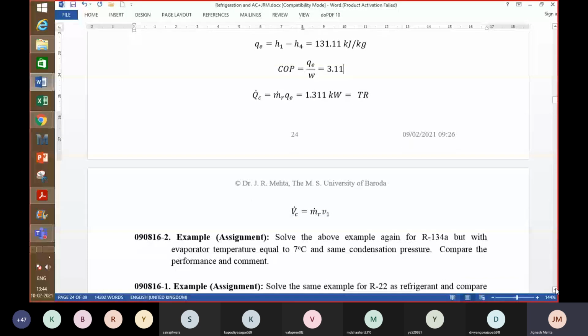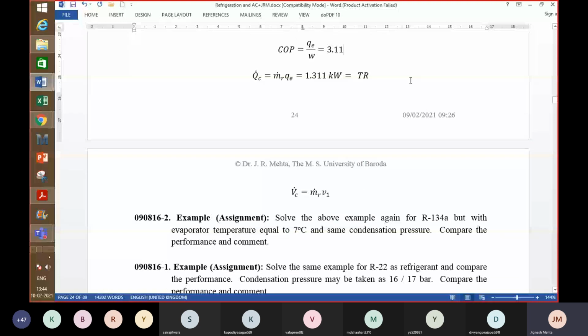Okay. So now other parameters of interest, when you want to understand the cycle or develop some more insight into the cycle, one of them can be the volume flow rate, and that is related to the size of the compressor.